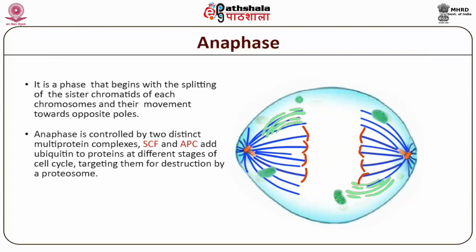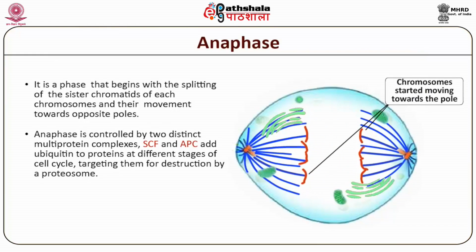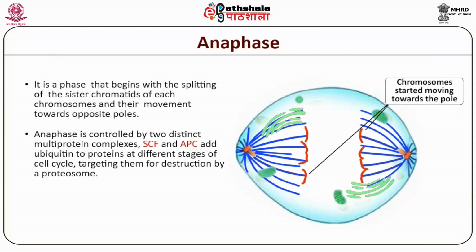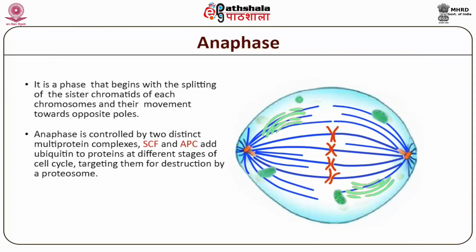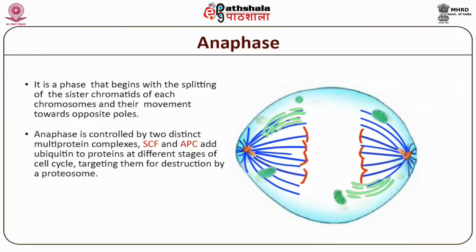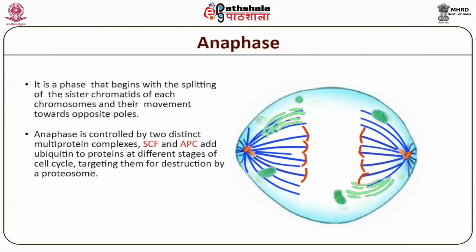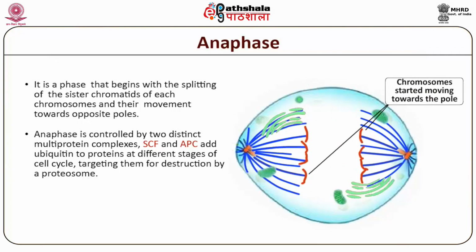Anaphase is controlled by two distinct multiprotein complexes, SCF and APC. They add ubiquitin to proteins at different stages of the cell cycle, targeting them for destruction by the proteasome. APC has two versions differing in the types of adapter, containing either a CDC20 or CDH1 adapter protein.